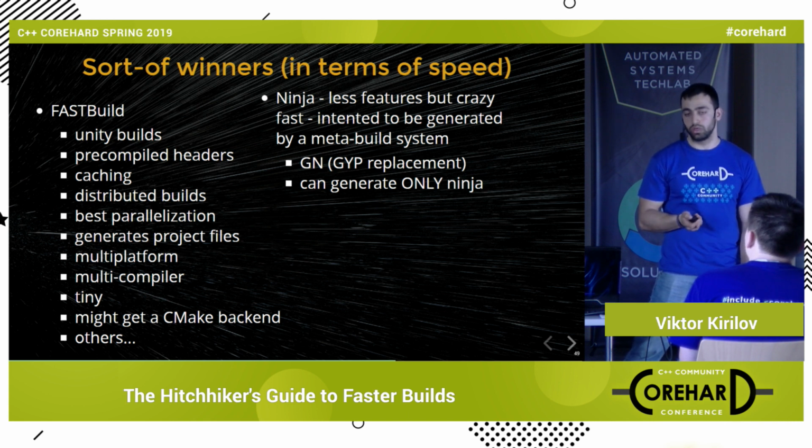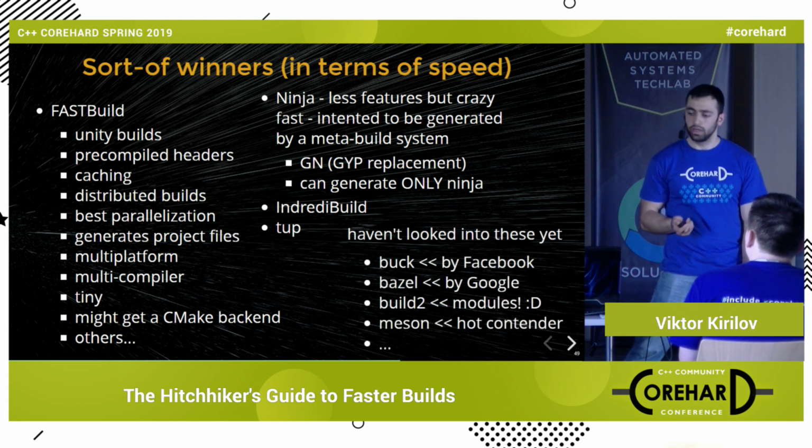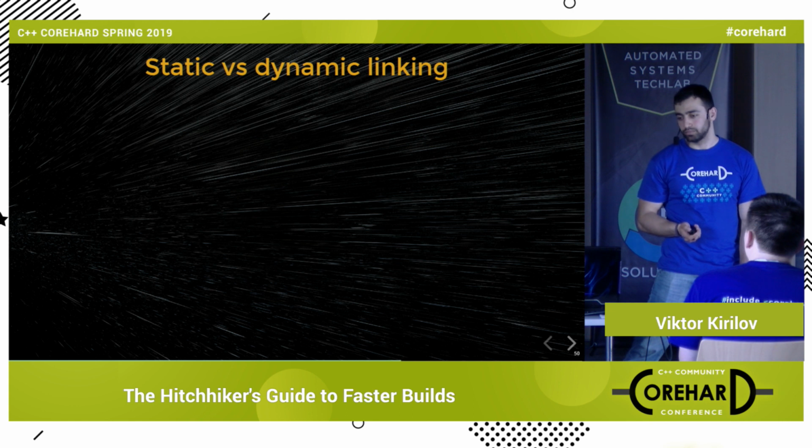So you usually need a meta build system to generate Ninja files. You could use CMake or GN, which was made especially for generating Ninja. Also Incredibuild, but it's a paid solution. And Tup, which I think is not even specific to C++ in any way. I still haven't investigated these build systems, but it's a huge topic.